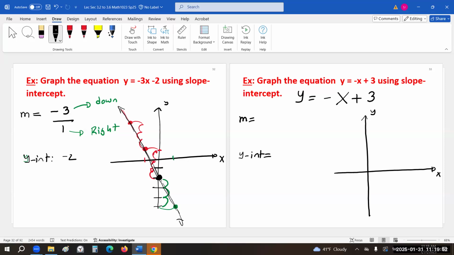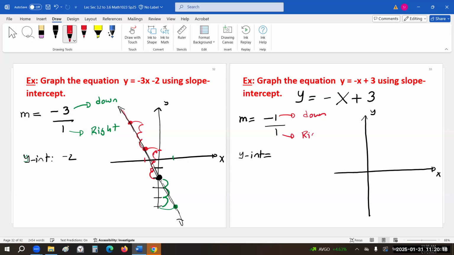Ready? Okay, so what is our slope? Mustafa. -1. But we want a fraction over 1. So which direction are we walking? Down and then right.